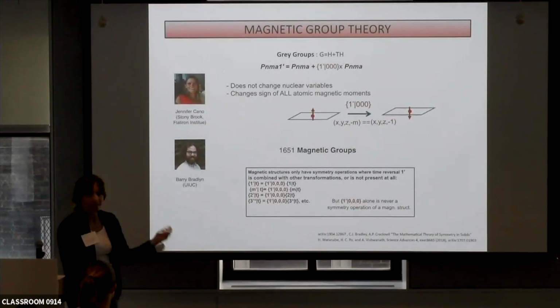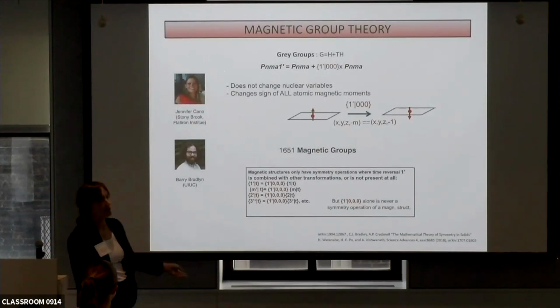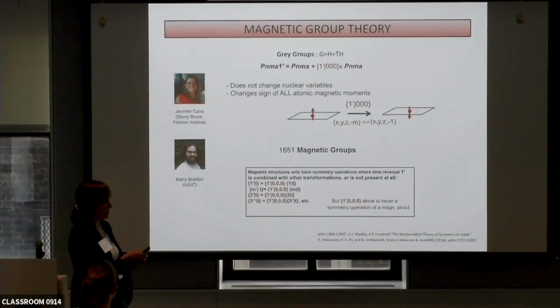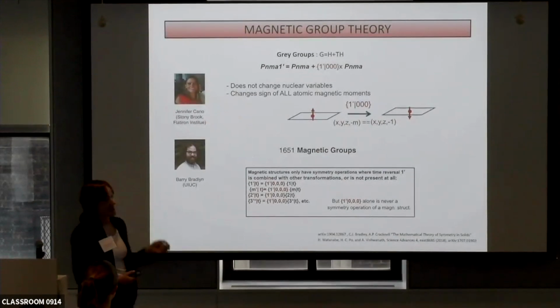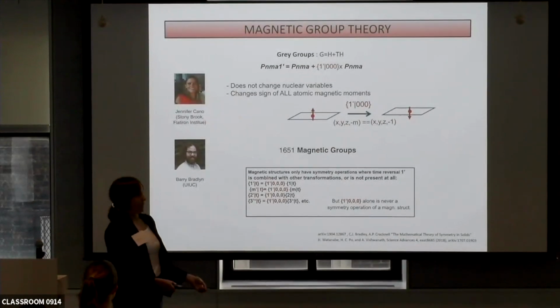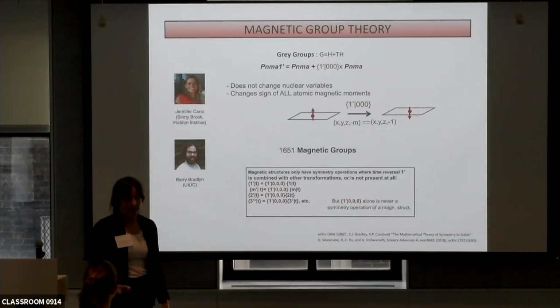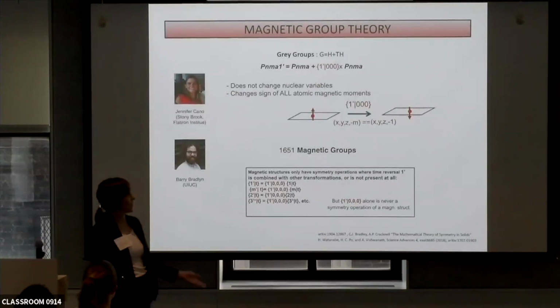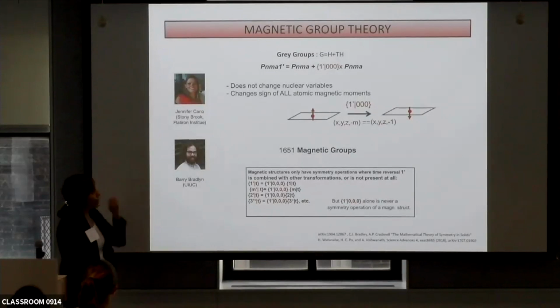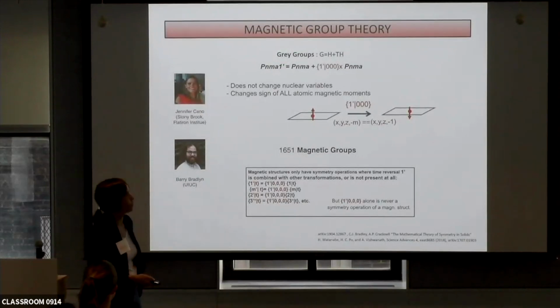So, with Jan, we started this project by trying to look at magnetic semimetals in the same way we look for non-magnetic metals, by looking at the dimension of the co-representation at the high symmetry points. The way we did it is the following. In a gray space group, we can define it as the sum of two cosets.